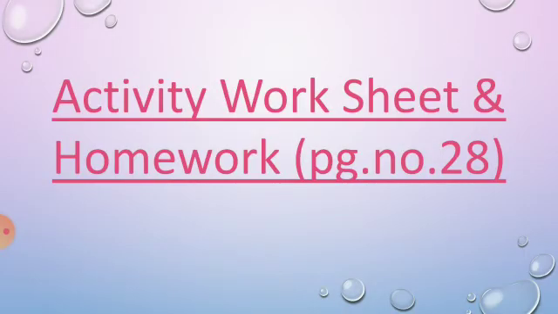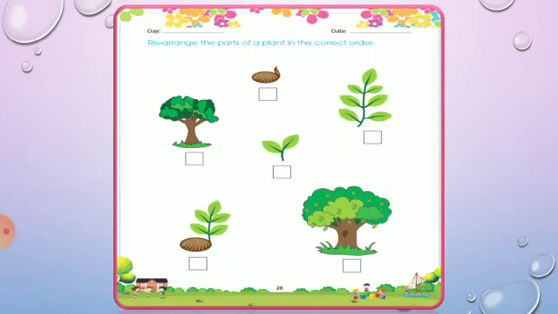Okay, dear students, I hope you enjoyed today's lesson a lot. Now I have activity worksheet and homework for you and it is very, very interesting. Let's have a look. Here we are. It's very, very easy and very, very simple and very interesting. We studied 6 steps of life cycle of a tree.